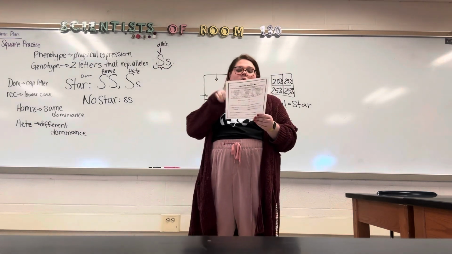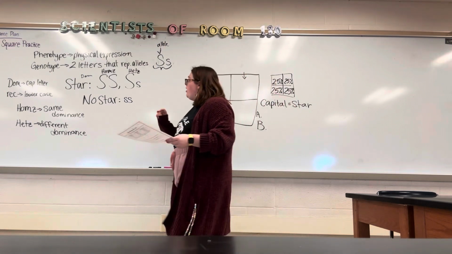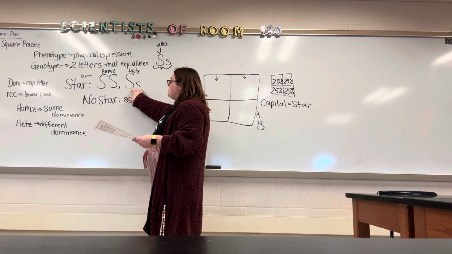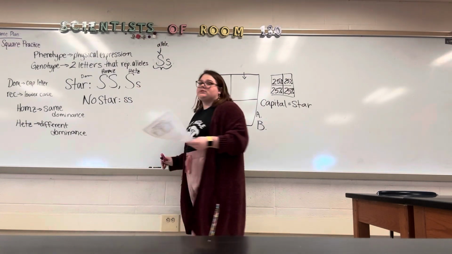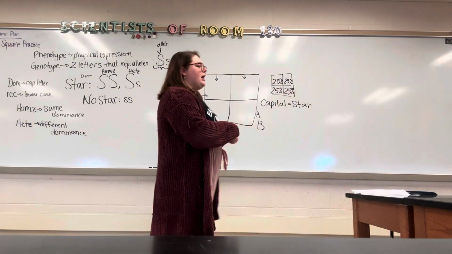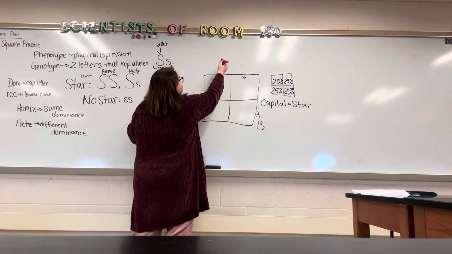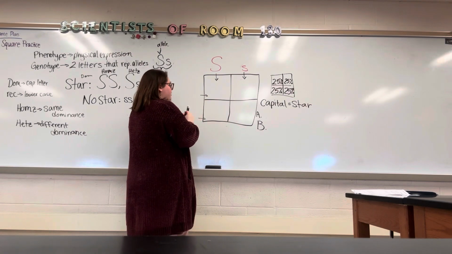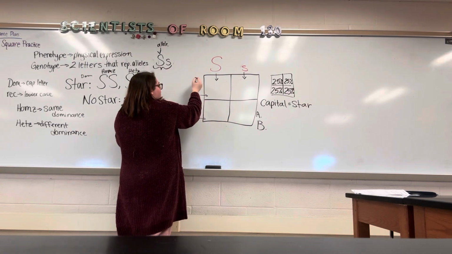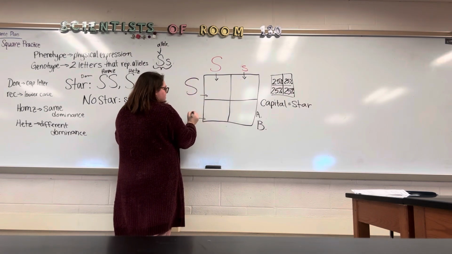So, we know that both parents are heterozygous with a star, meaning they have one capital letter and one lowercase letter. So, both of them are going to have, say this is the dad, capital S, little s. And then the mom, we have capital S, little s.